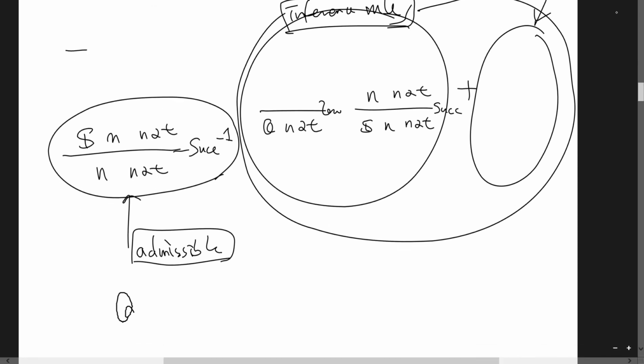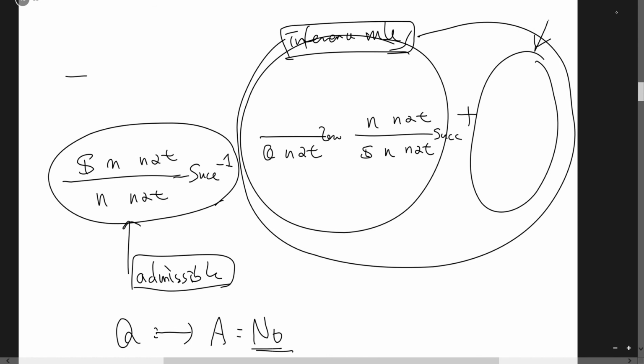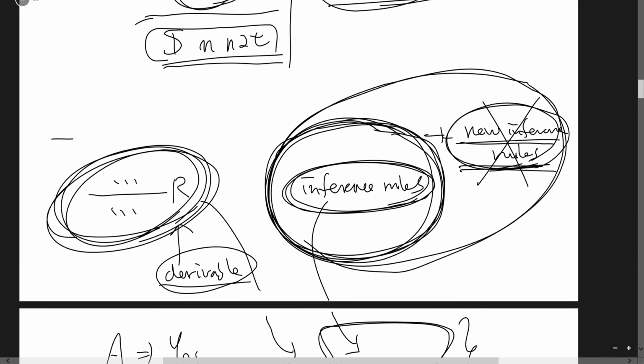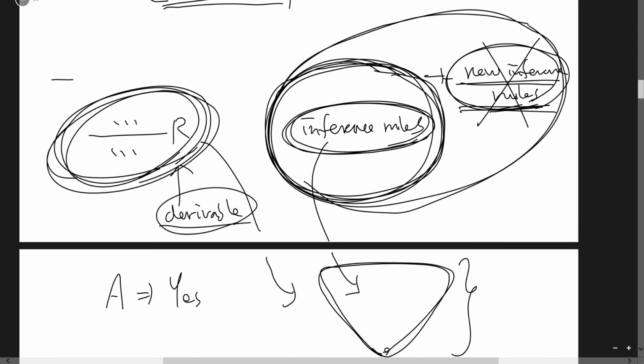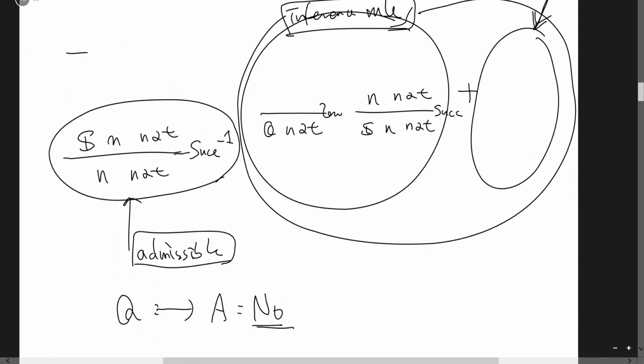And the answer is no. It depends on the new inference rule that is added to this system. Remember that in the case of a derivable rule, it doesn't matter how many inference rules are added to this system, a derivable rule stays derivable. But that's not the case for admissible rules.